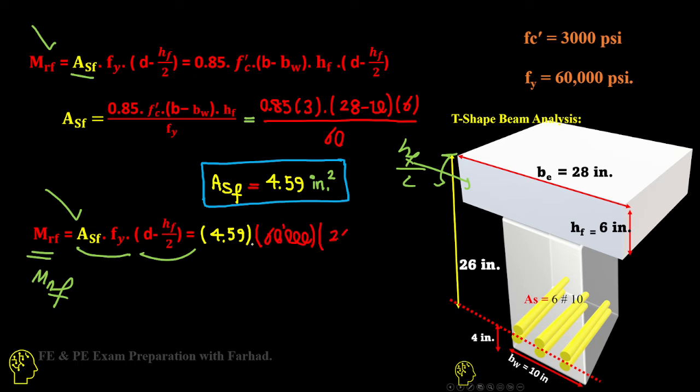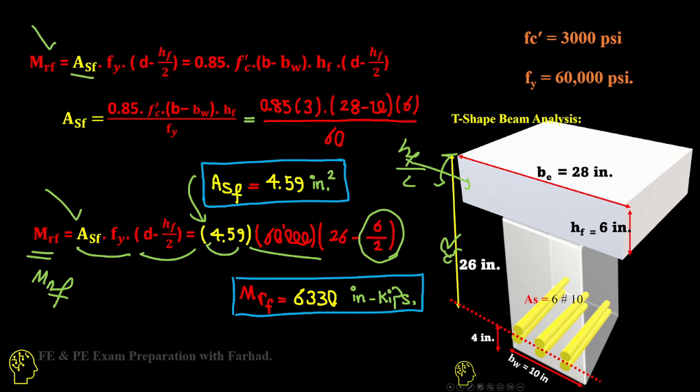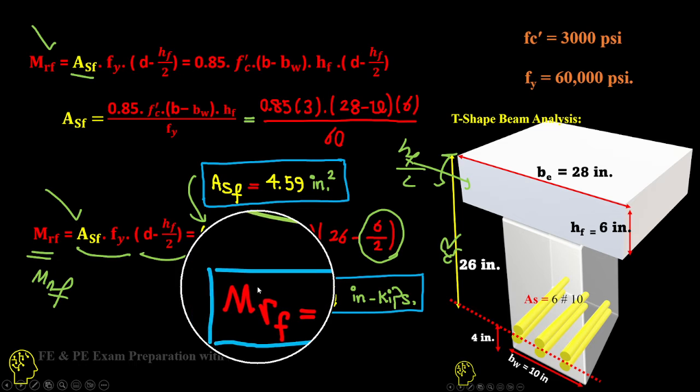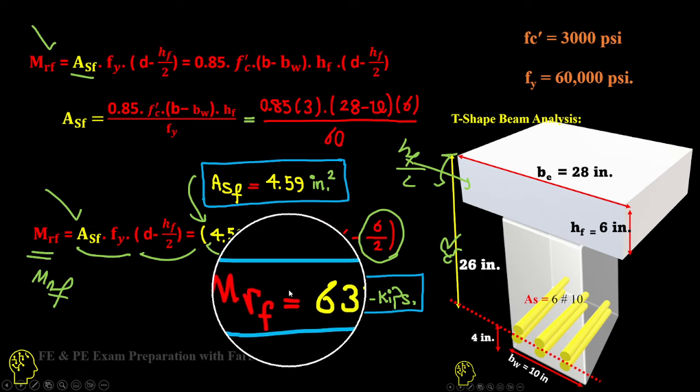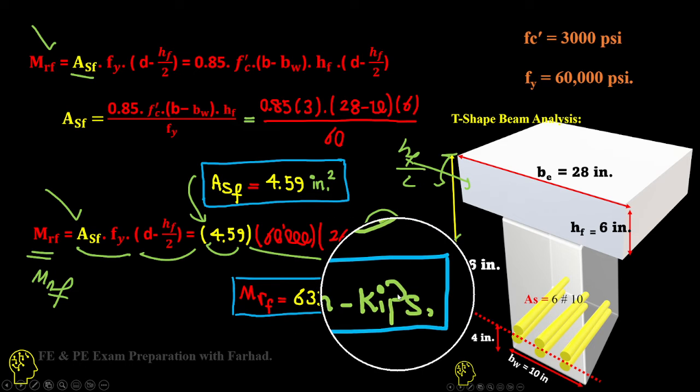If you replace that with the numeric values, hf is 6, so 6 over 2, d is 26, which is the effective depth, Fy is 60,000, which is the yield strength, and ASF is replaced directly there. It gives us MNF, the nominal resistant moment related to the flange part, equal to 6330 inch kilopounds.